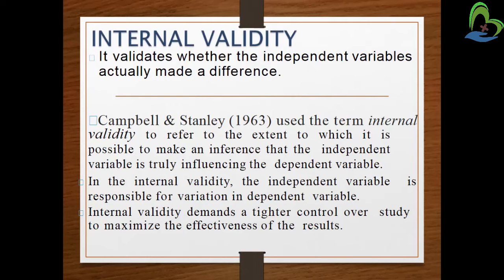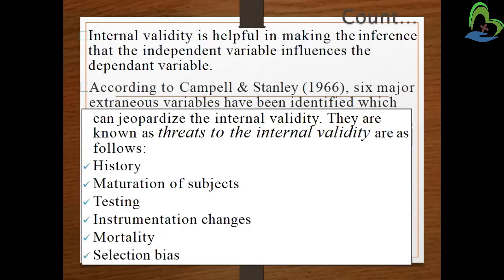Internal validity demands a tighter control over the study to maximize the effectiveness of the result. It is helpful in making the inference that the independent variable influences the dependent variable.